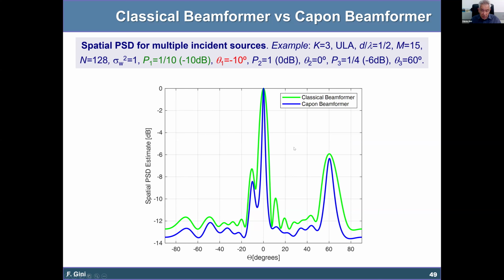So from this point of view, the Capon beamformer has better performance, both from the point of view of resolution and from the point of view of the risk of masking of a weak source in the presence of a strong source.